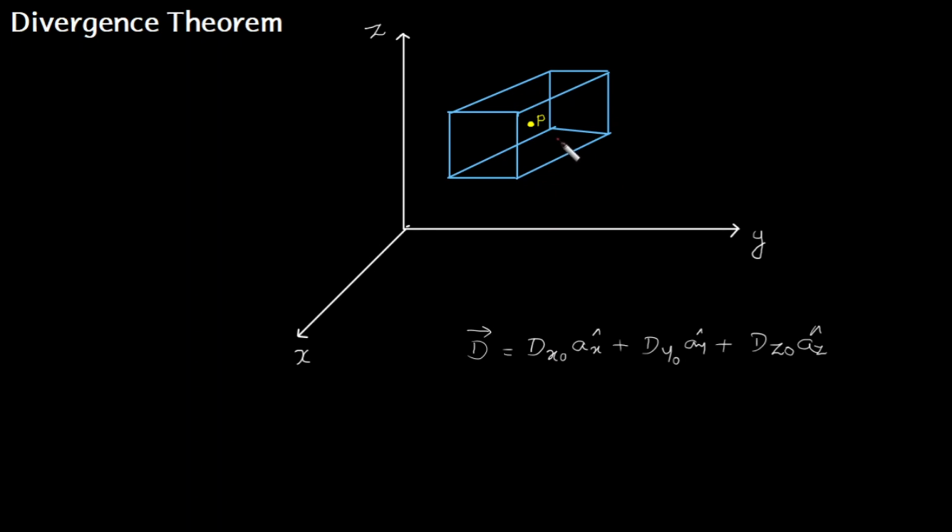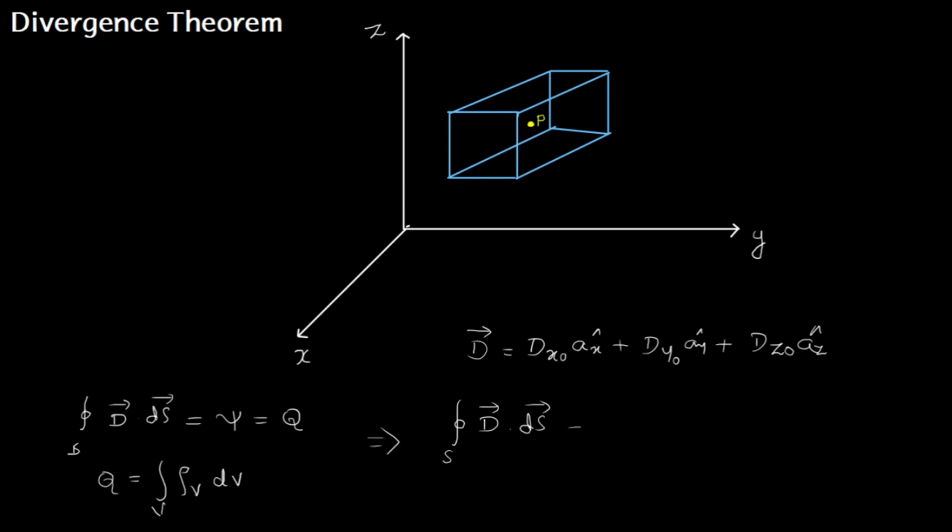So using the integral form of Gauss's law, I can write the closed surface integral of D dot dS is nothing but my psi, that is the flux coming out, which is equal to Q. And from the definition of volume charge density, we also know that Q is the volume integral of rho_v dv. That means I can easily write Gauss's law in integral form as the closed surface integral of D dot dS equal to the volume integral of rho_v dv.